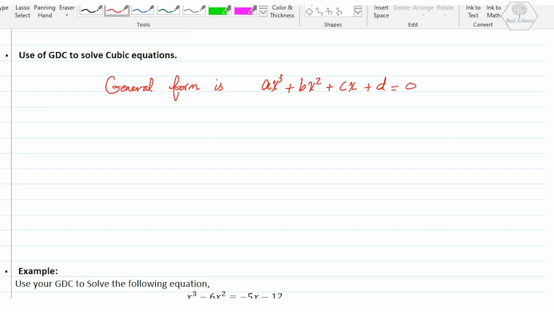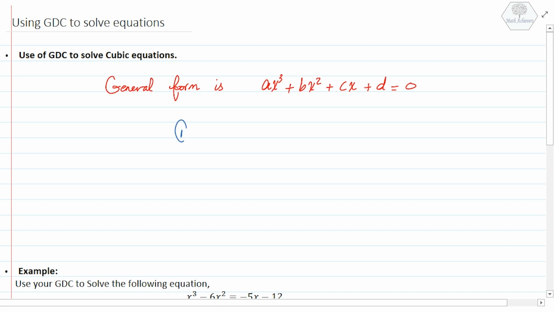The first thing we have to do is rearrange it in general form. The second thing, we will be using our graphical display calculator to solve.